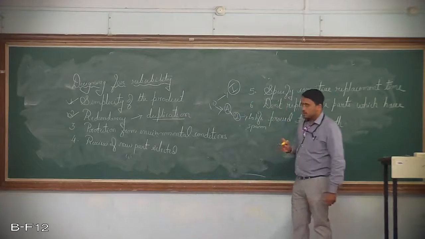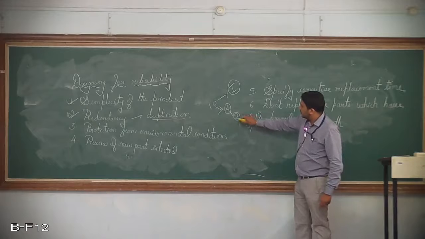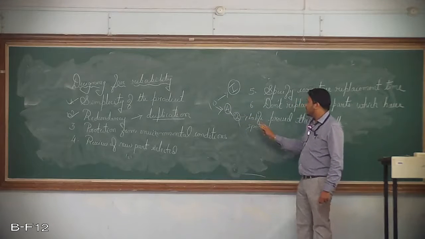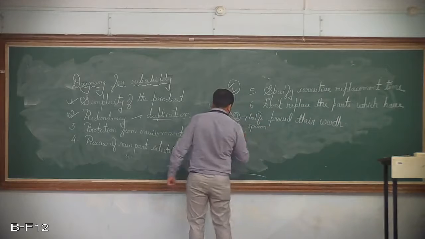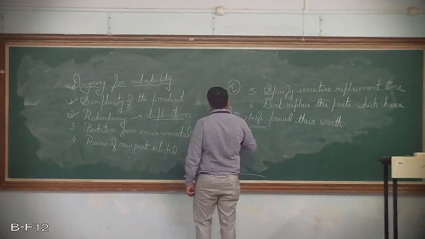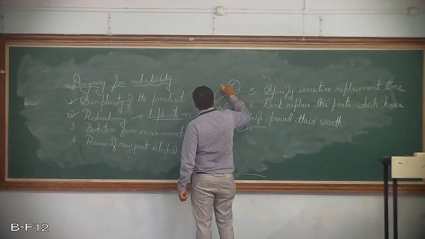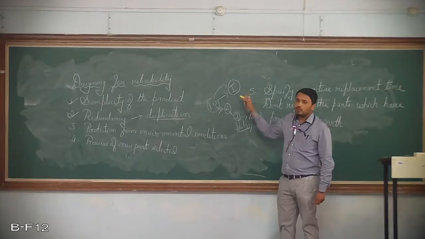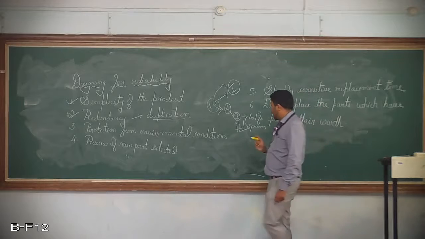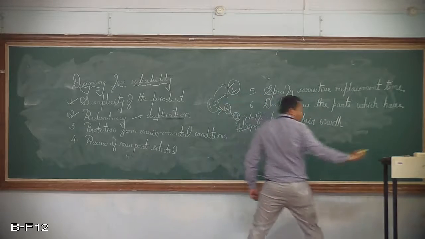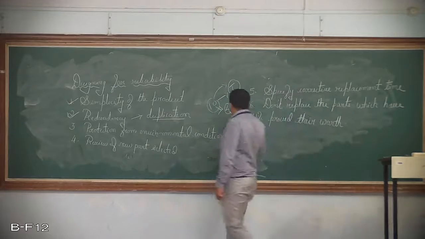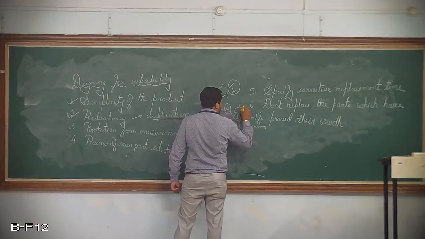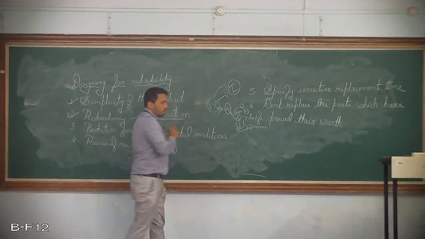So if these 2 parts, which are having less lifespan, fail, then the entire assembly is going to fail, and hence the product will not perform its intended function. Hence, to avoid this, we will make one more duplicate of these two parts and consider it in the assembly.